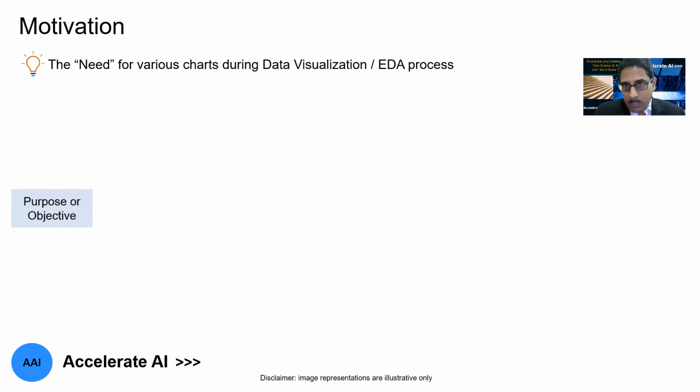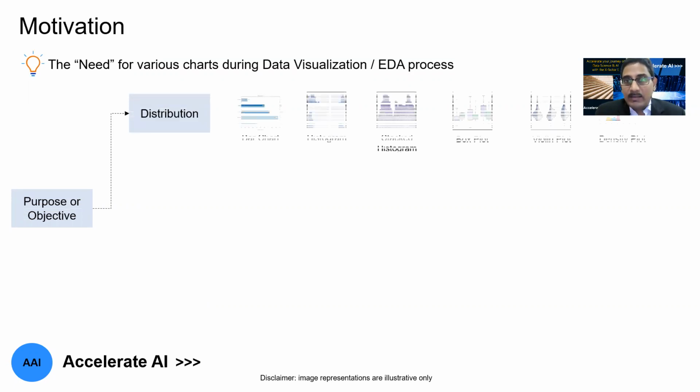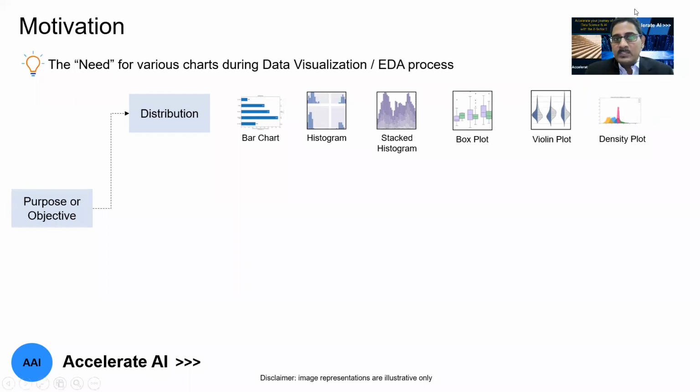Now, the purpose or objective can be many. If it is around distribution, then we'll have to look into something like bar chart kind of representation or histogram or stacked histogram, box plot, violin plot, density plot, and so on. These are just a representative list. There could be many more as well.